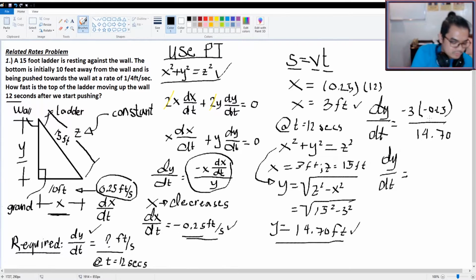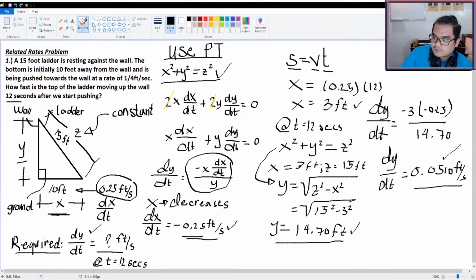Negative negative becomes positive. That is 0.75 divided by 14.7, which is 0.0510 feet per second. And this is your answer. And that's all for number 1.